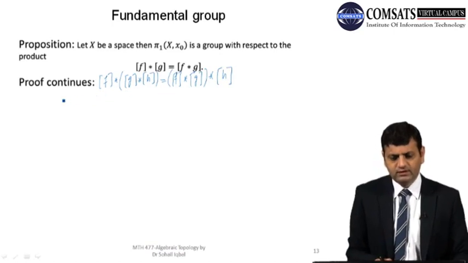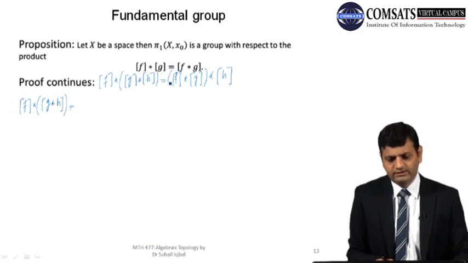Okay, so in other words, what do I want to show? I want to show that this is path class of f star, so we know what is the path class of g star path class of h, so this is basically equal to [g*h]. And on the other hand, we can write down path class of f star path class of g as the path class of f star g, so star h.